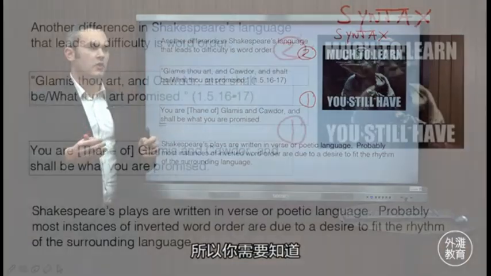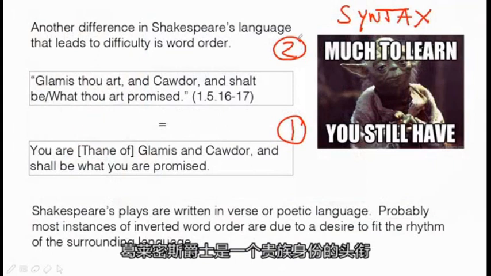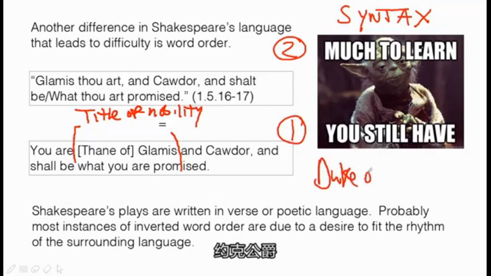So quickly, you would need to know that a thane of Glamis is a title of nobility. Maybe you've heard, for example, of the Duke of York.